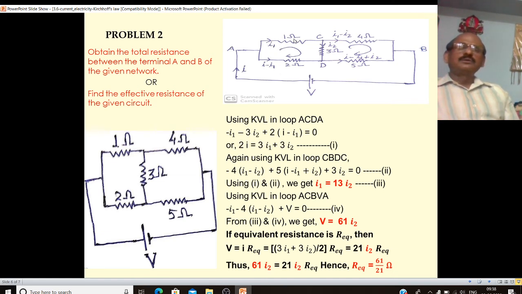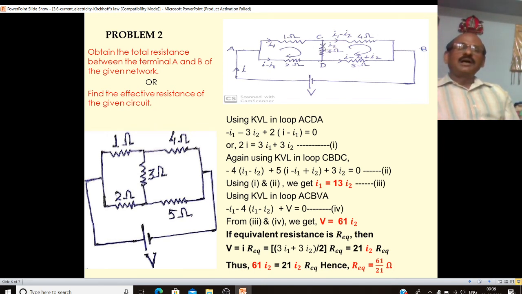Let I1 current go through the 1 ohm resistance. If we use Kirchhoff's junction rule here, then the other side will be I minus I1. Remember, though we can take here I2, as many considerations as we make, that many will be the number of equations.